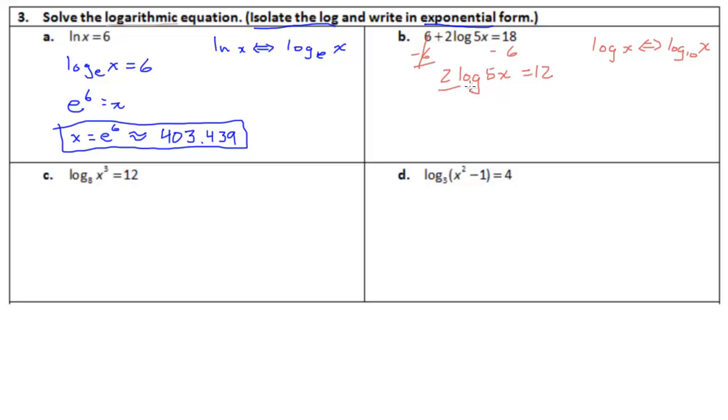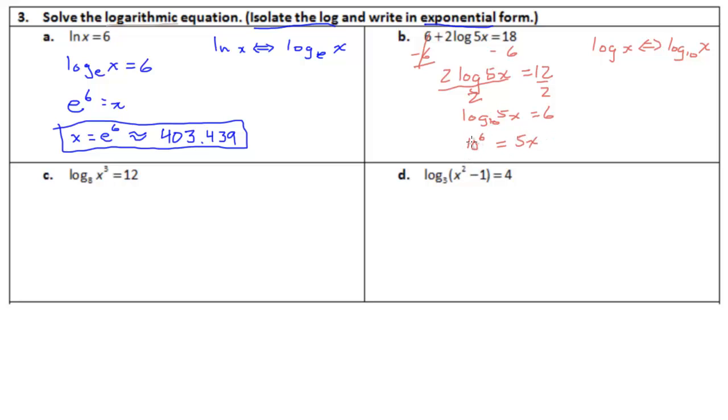Now we're going to divide both sides by 2. And we get log of 5x is equal to 6. Now, since this is base 10, we have isolated the log, and we can rewrite this now in exponential form. So this is equivalent to saying 10 to the 6th power is equal to 5x.